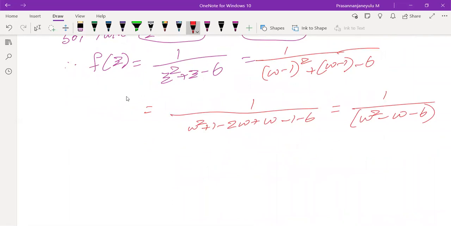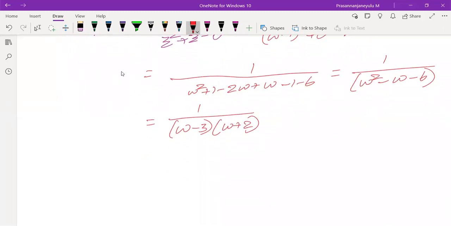So now rewrite it in the form of factors. What factors can we write? w minus 3 into w plus 2. So similarly we got it, but the thing is different. Now writing it in the form of partial fractions.